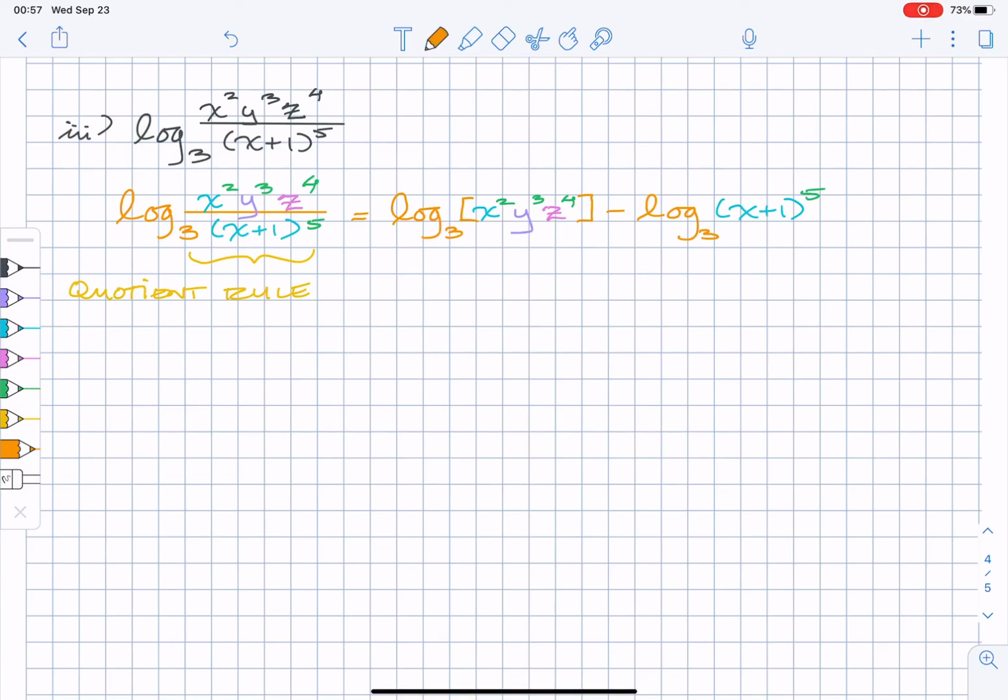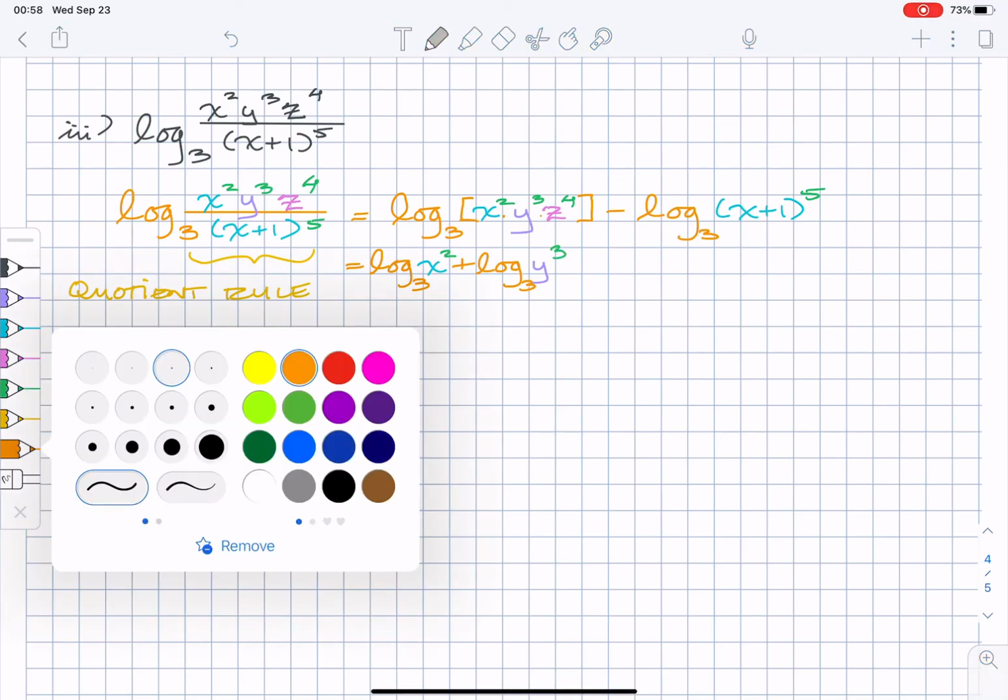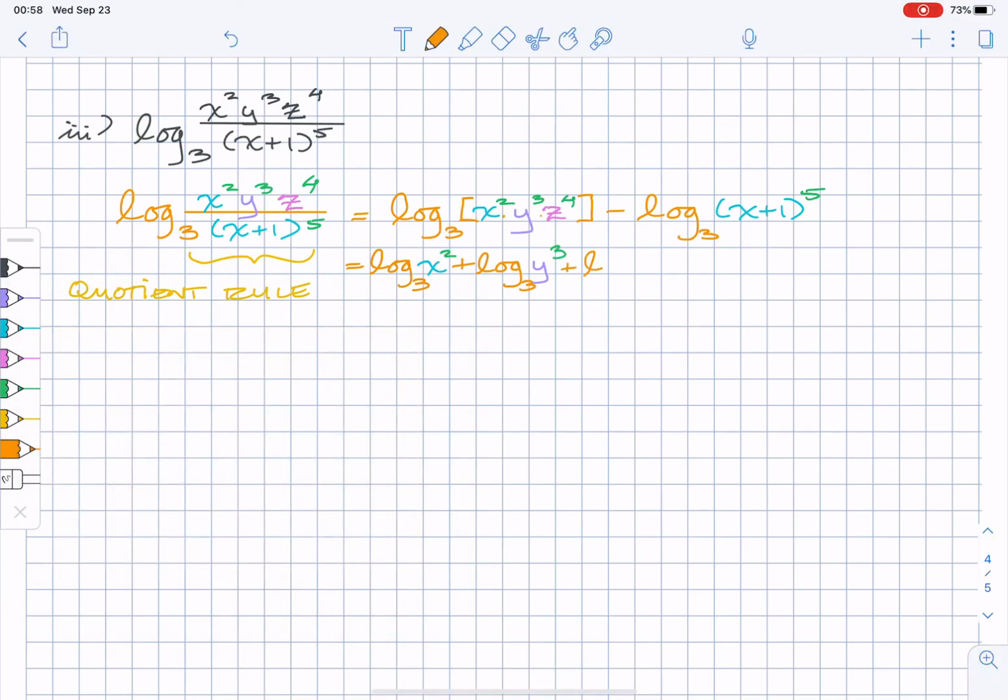Okay, now it should be clear I can break up the first logarithm into the sum of 3 distinct logarithms because I have a product with 3 factors. So this is log base 3 of the first factor, x squared, plus log base 3 of the second factor, y cubed, plus log base 3 of the third factor, z to the 4th, from which I'm subtracting.